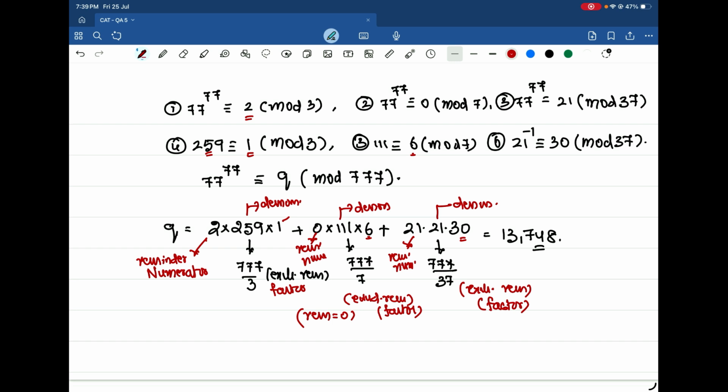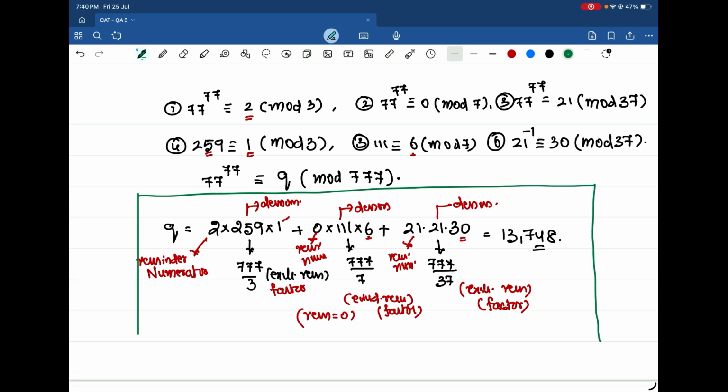Please try to understand this complex equation and solve any type of problems if they come like this.